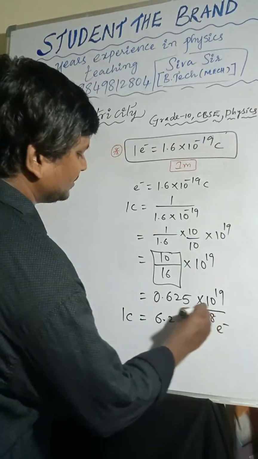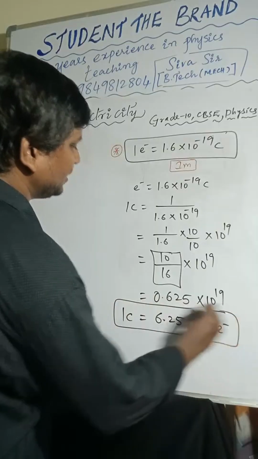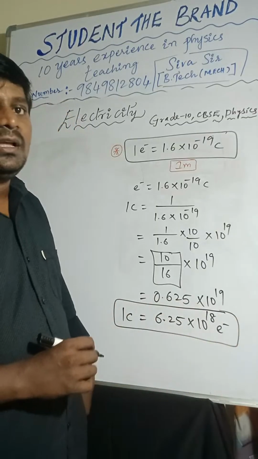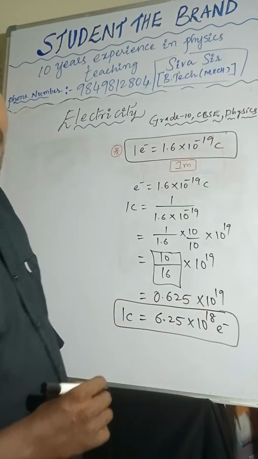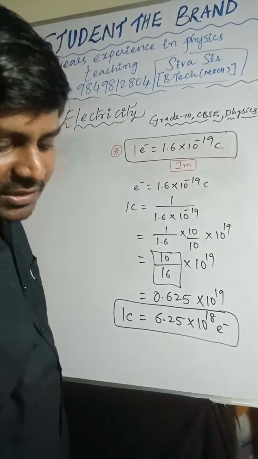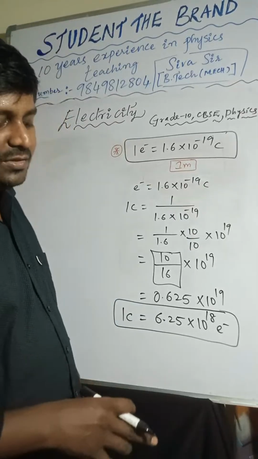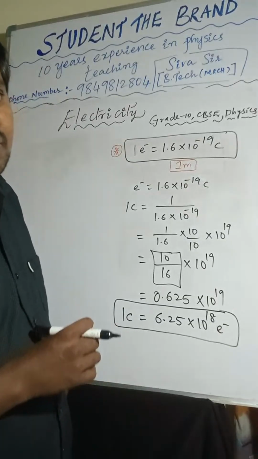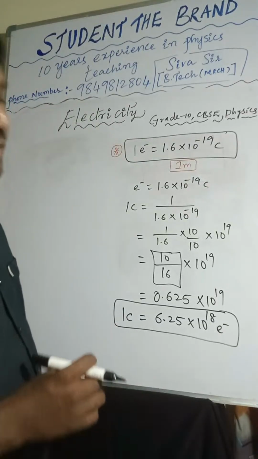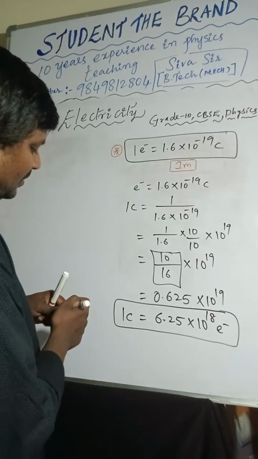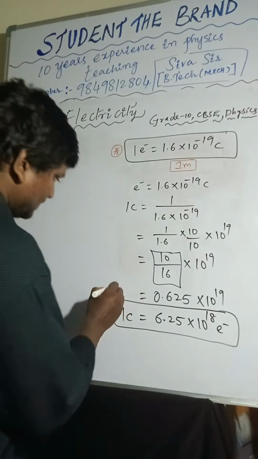So this many electrons are present in 1 coulomb. This concept is very important. Even in the board exam, they will ask a 1 mark question on this concept. So try to practice, try to remember, try to recall, and write it in one place.